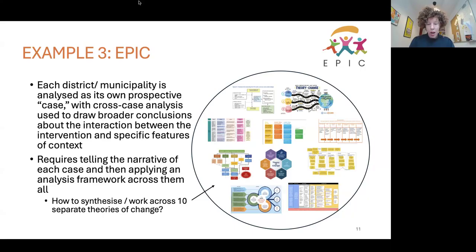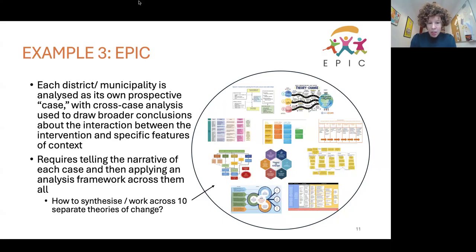So what that requires is that we really understand the narrative of each case, what happened in each district, and then we can apply an analysis framework across them all to really draw out and understand features that either they share or the different that really determined the outcomes of our intervention.